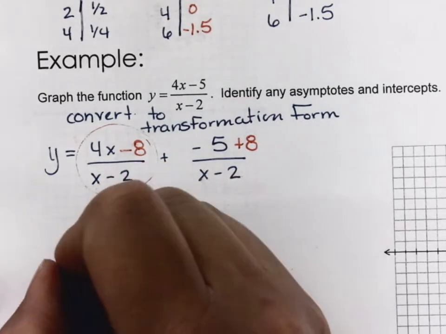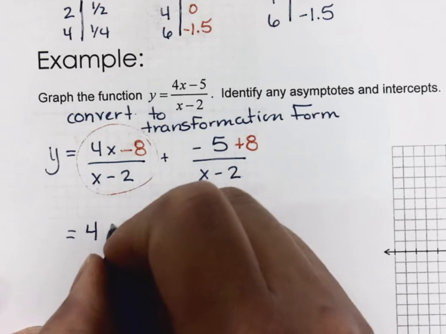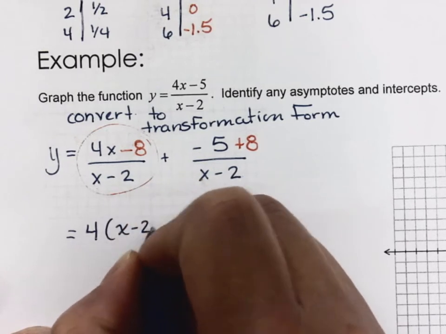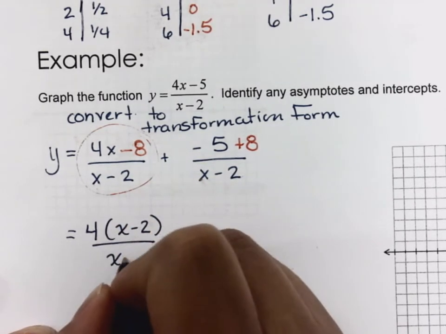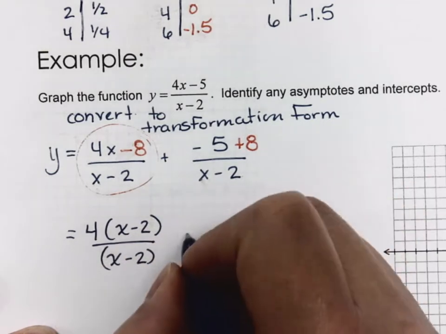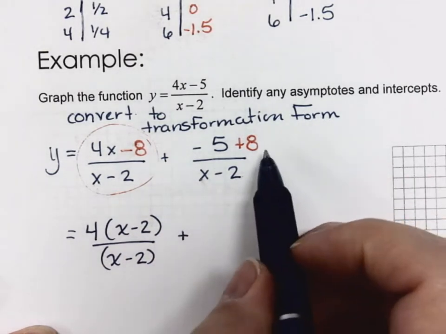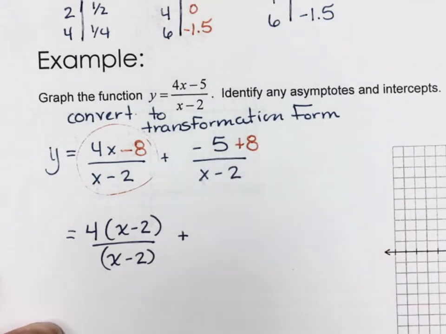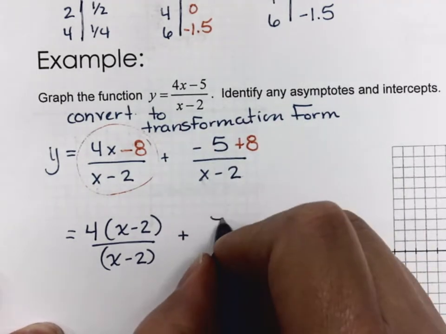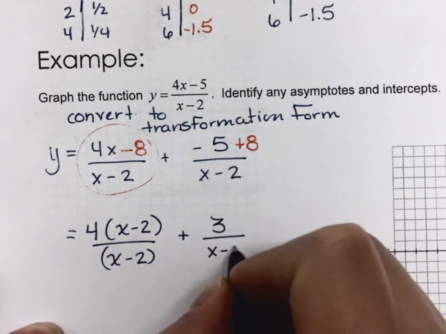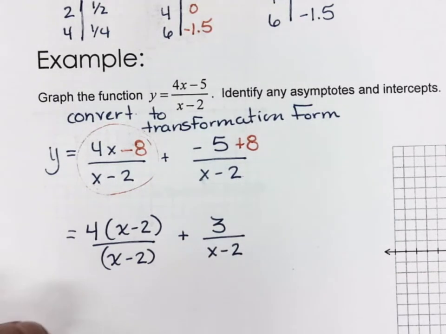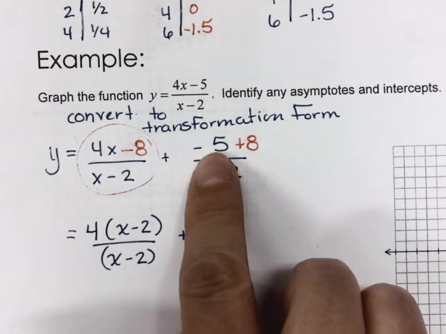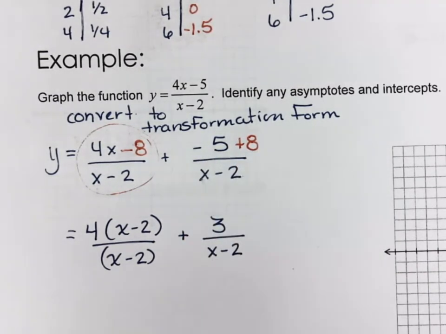So now if I look at that numerator, I can common factor out the 4, and I'm left with x minus 2 over x minus 2. Plus, what happens here? Negative 5 plus 8. 3, and I got to keep my denominator because I'm not canceling it out.